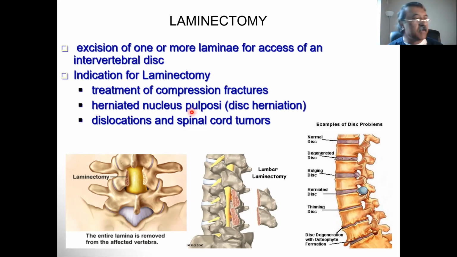Like I said, laminectomy is one of the procedures, very common, that we have to do in order to get to the nerve root or the spinal cord itself. Here we are seeing the spine from the back.